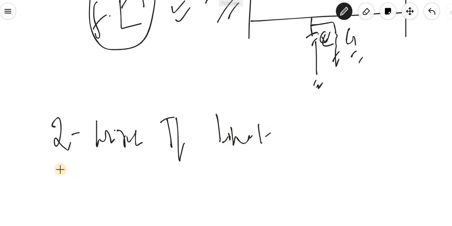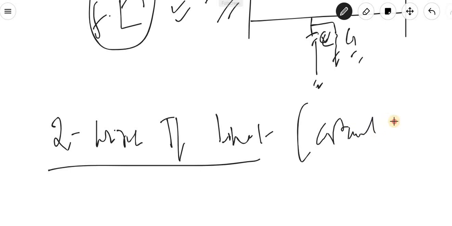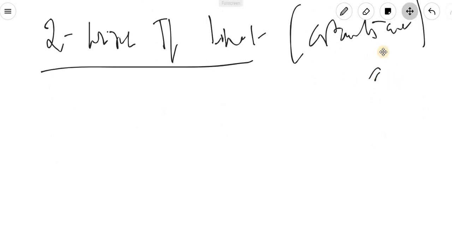Before studying the two-wire transmission line, capacitance is a shunt type parameter.